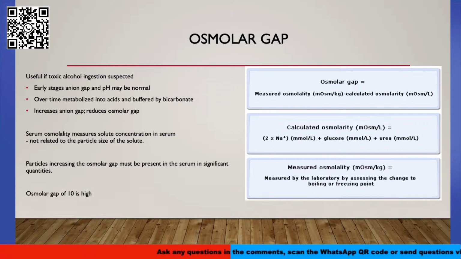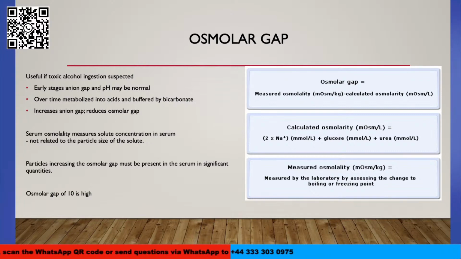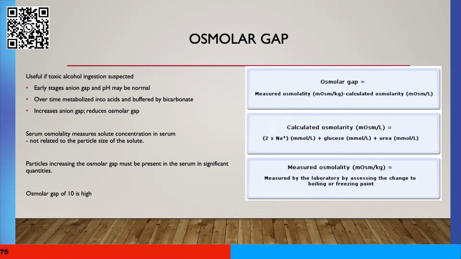So your osmolar gap is your measured osmolality minus your calculated osmolarity. Serum osmolality measures the solute concentration in the serum, and this isn't related to the particle size of the solute. Particles which increase the osmolar gap need to be present in the serum in significant quantities, and having an osmolar gap of 10 or more is considered to be a high osmolar gap.